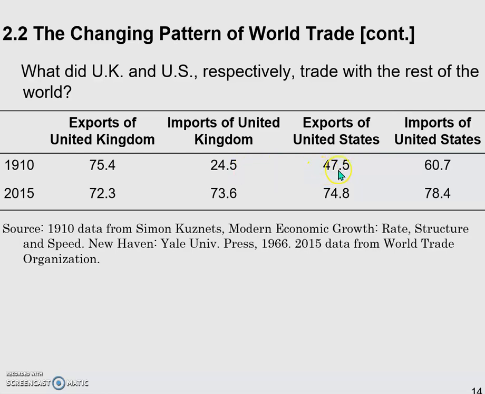So you find back in 1910, the U.S. imported a lot of manufacturing goods, especially from Europe, okay, which accounts for about 60.7% of imports, and on the export side, only 47.5% made in USA, okay, and exported to the rest of the world. But when we look at 2015, we find that, again, on both sides, manufacturing goods dominate, and the gap between these two become much smaller. Okay, so it's more balanced.